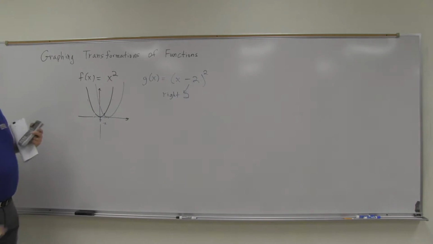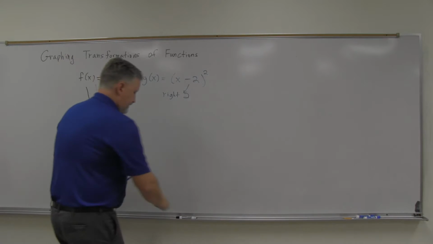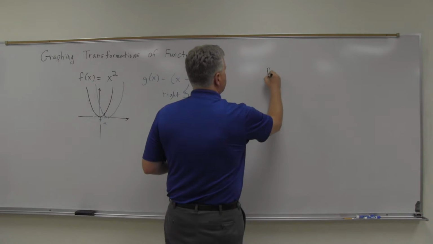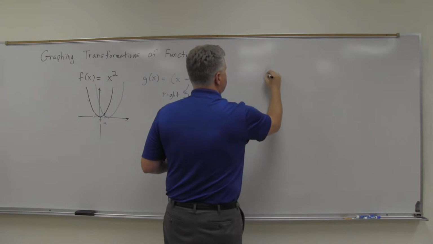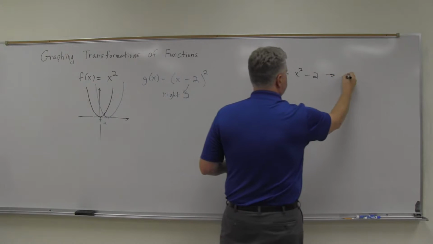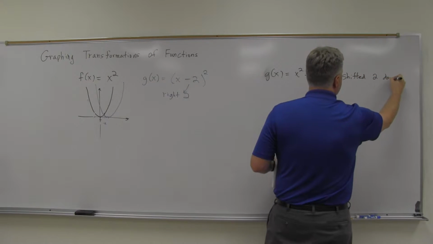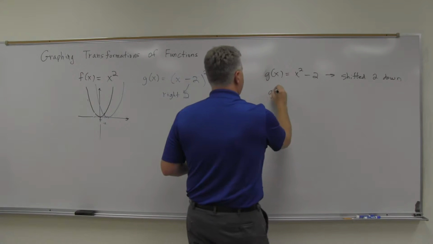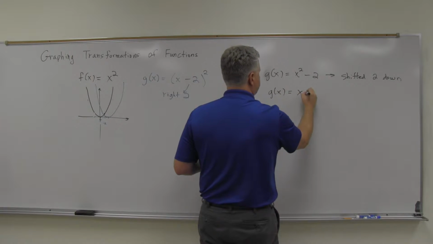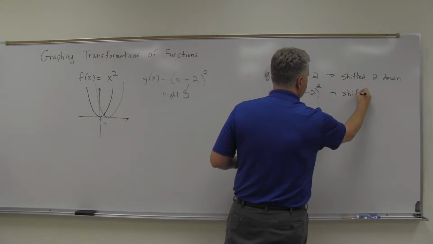So our transformation is that it shifted it 2 to the right. So g of x equals x squared minus 2 shifted it 2 units down. g of x equals x minus 2 squared shifted it 2 units to the right.